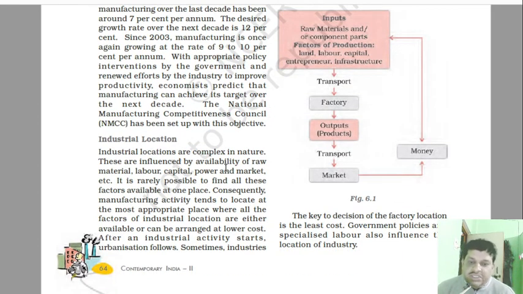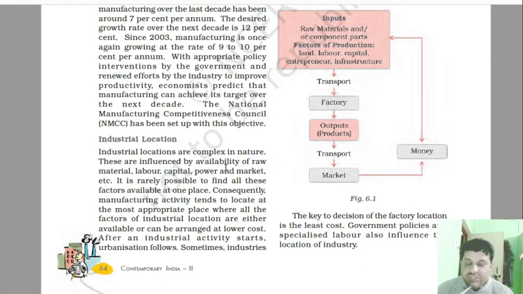The key to the decision of factory location is the least cost. So if somebody asks you what is the key factor for the localization of the industry, we have discussed there are various factors: land, labor, capital, market, raw materials, and according to the nature of industry, these factors may be the guiding factor, the focal factor for the establishment of industry, but the key factor is the least production cost.